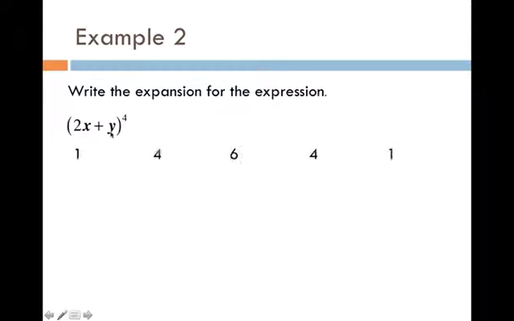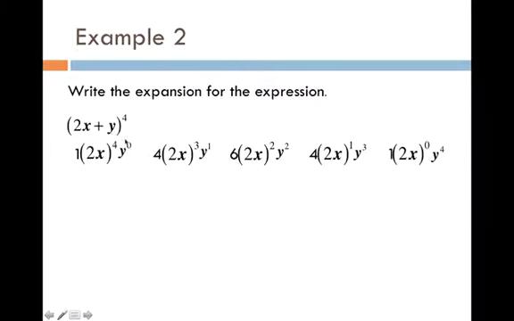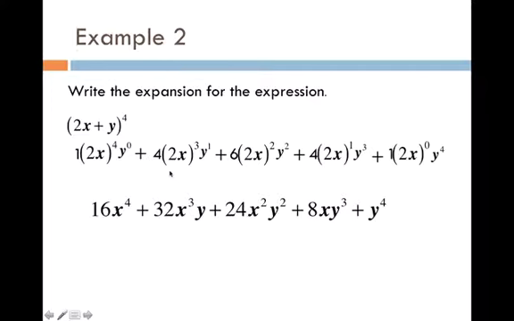Y starts off with 0 and then counts up, and then we add our plus signs and simplify. Don't forget that to simplify this term, 2 to the third is 8. 8 times 4 is 32. All right, so we have expanded this binomial.